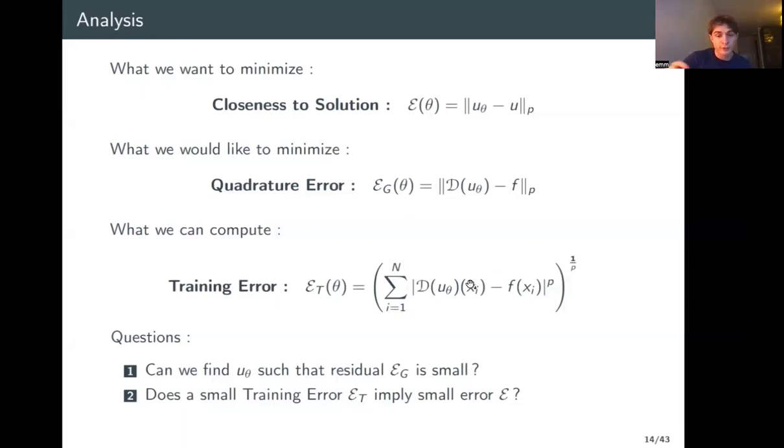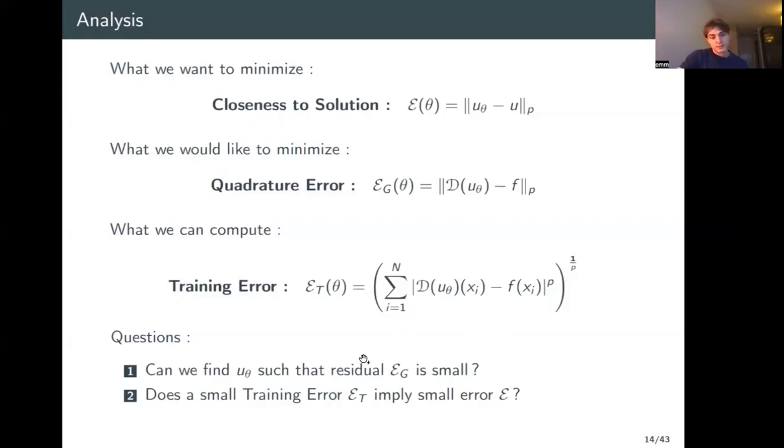So even though we enforce the differential constraint over a finite number of samples, does it actually translate to points over the whole domain?